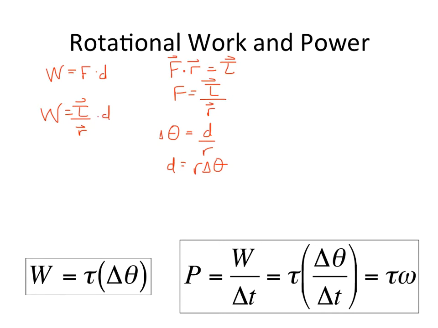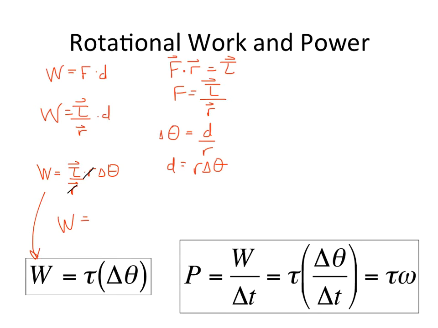So then we have our work. Our work is going to be equal to torque divided by radius times r delta theta. Now you see what's going to happen right here. That radius is going to cancel out, and that is how we have our equation for rotational work.